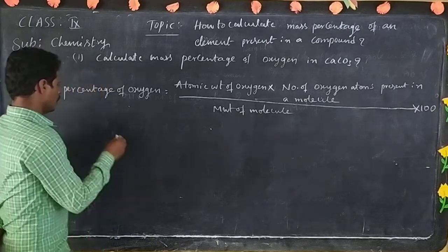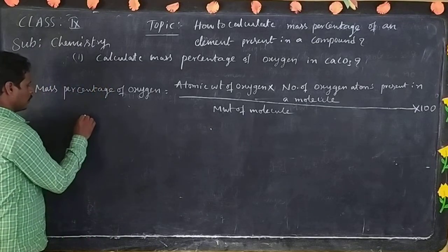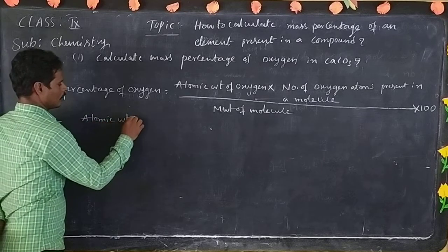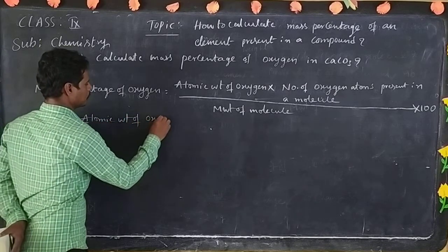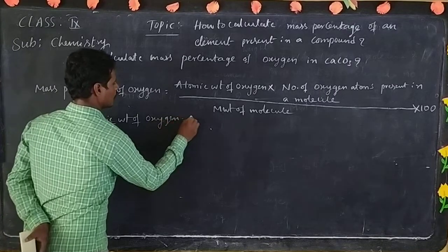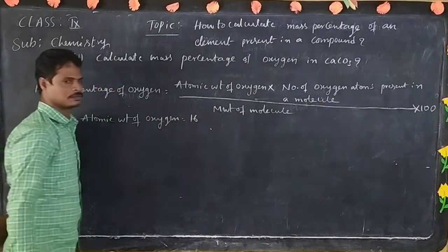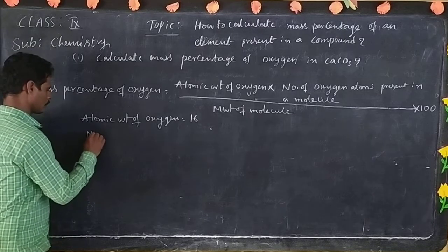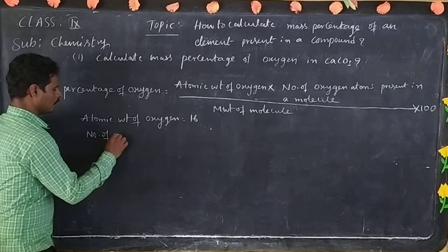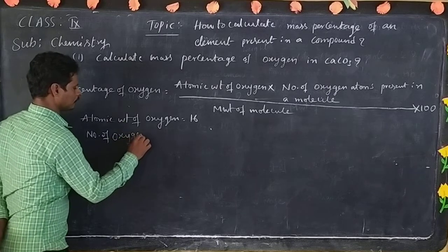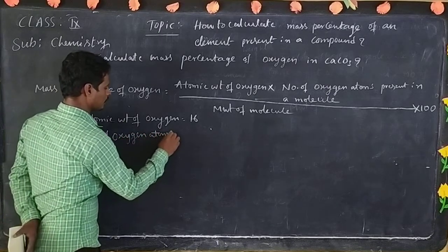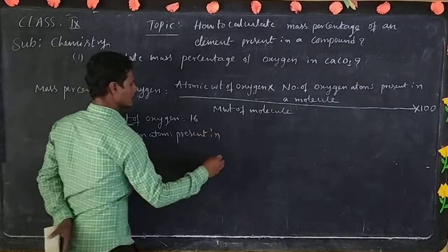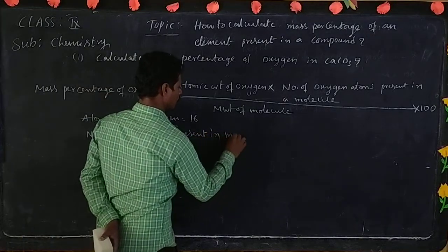Now observe: atomic weight of oxygen equal to 16. Next, number of oxygen atoms present in the molecule.